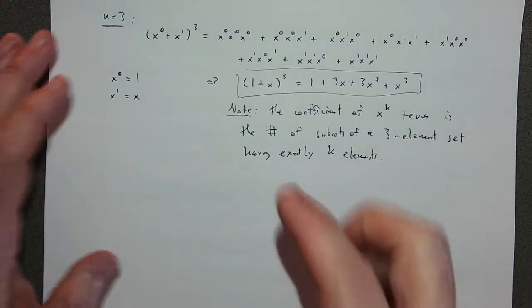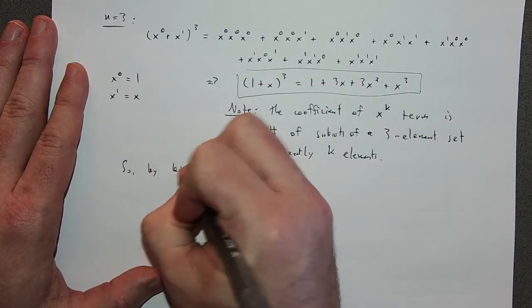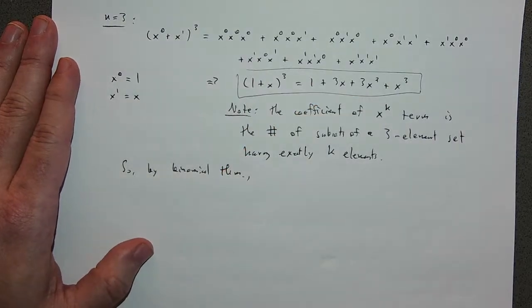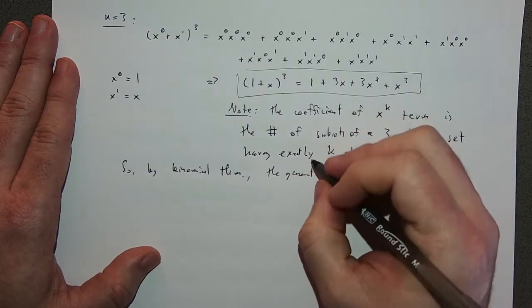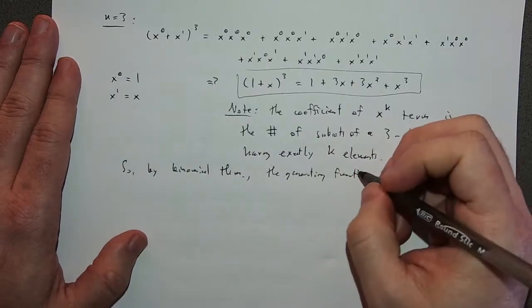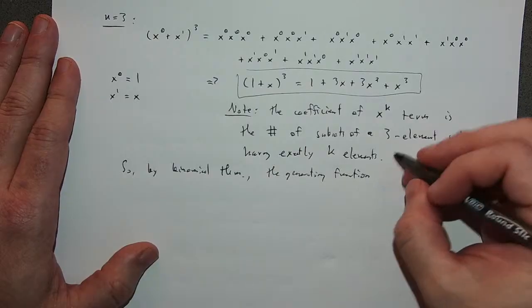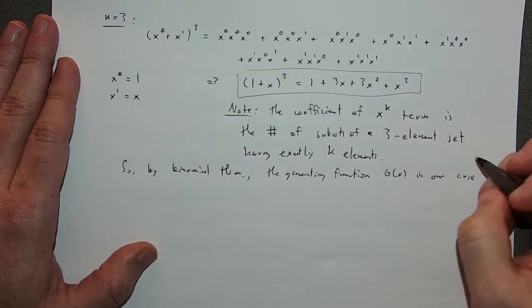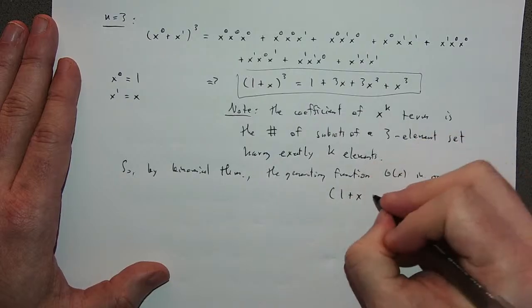And so by the binomial theorem, the generating function g of x in our case, our generating function is 1 plus x to the n.